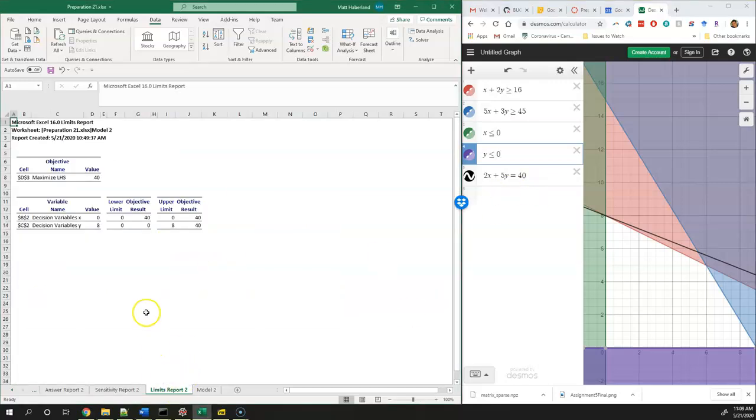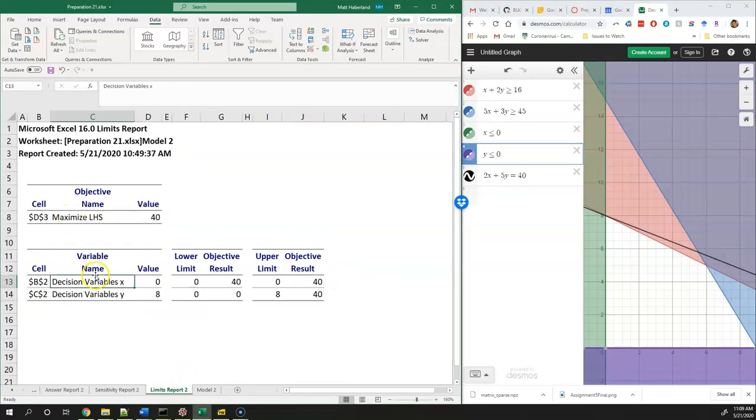And finally, we get to the limits report. Tells us the optimal value of the objective function, 40. We already knew that. The values of the decision variables yet again. So then we get to the lower limit and the upper limit. And these are the lower and upper limits on what you can change the decision variable value to and still satisfy the constraints.